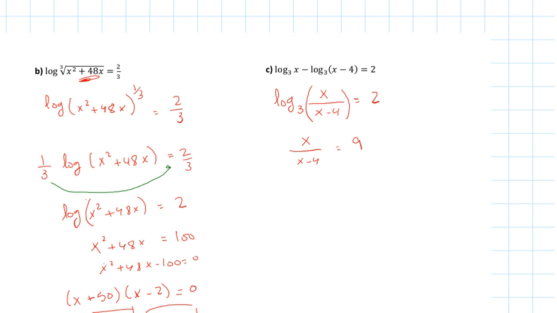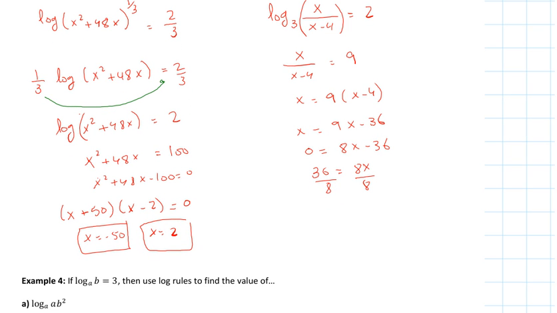And then bring everything to one side and solve for x. And then 9 over 2, it's a positive number. If I plug it in both, that's going to give me a positive answer, and I'm good to go.